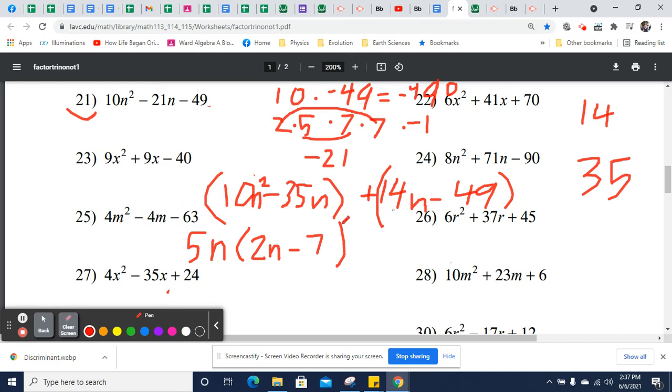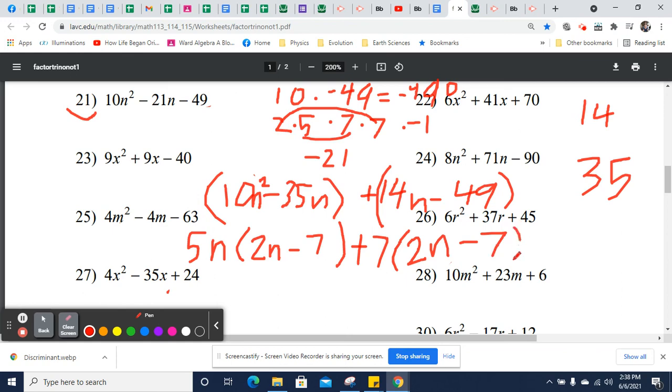Now I'm going to look over here and see if I can get the same factor. So I look at 14n and -49. I can't get any n's out, but those are both multiples of 7, so I definitely can get a 7 out. So plus 7. And when I do that, I'm left with 2n. 14n divided by 7 is 2n. And -49 divided by 7 is -7.